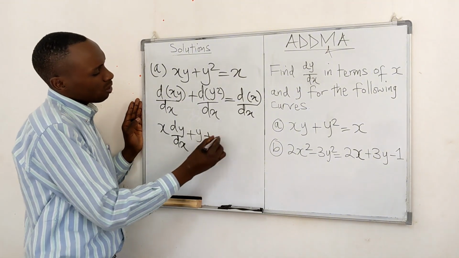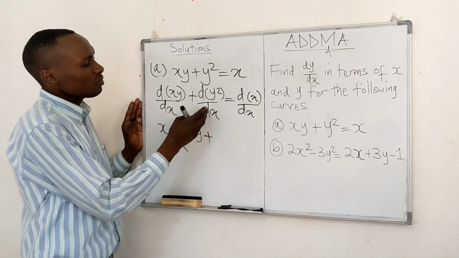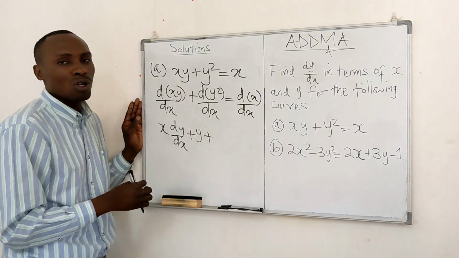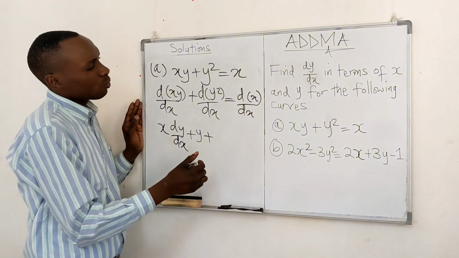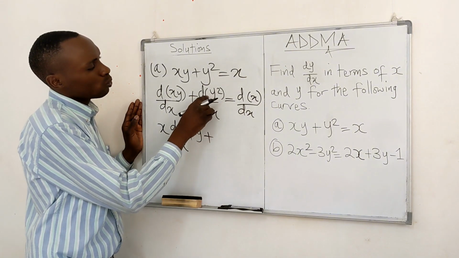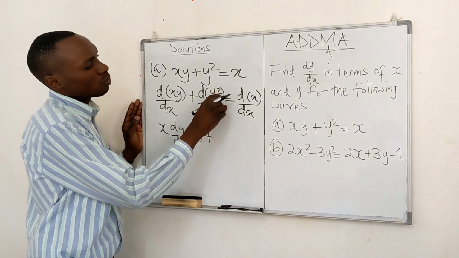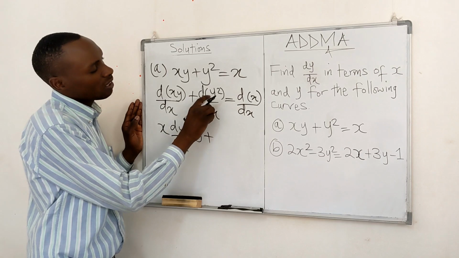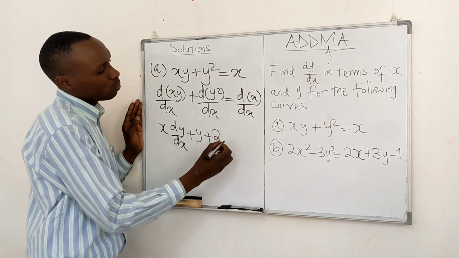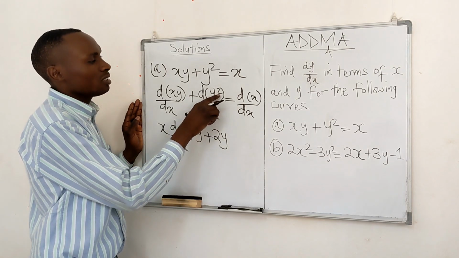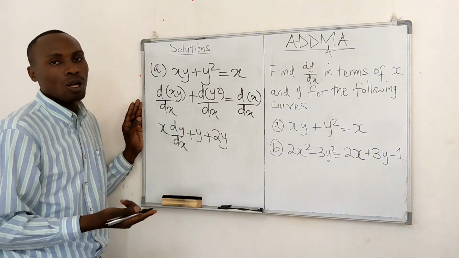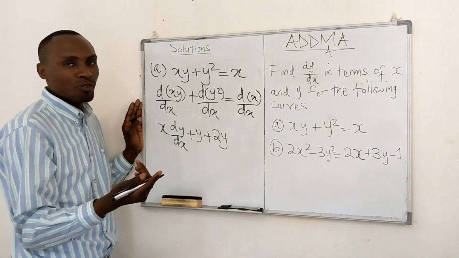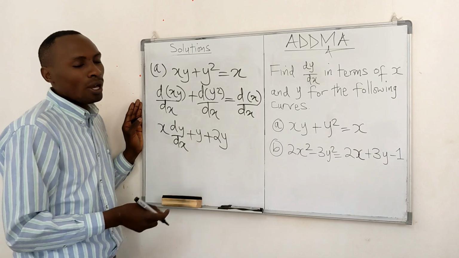Then going to the second term, let's get the derivative of y squared with respect to x. This gives us 2y, because the power multiplies with the coefficient to give 2, then y, since 2 take away 1 gives 1, and y to the power 1 is simply y.